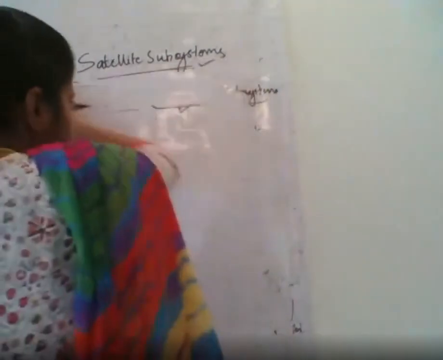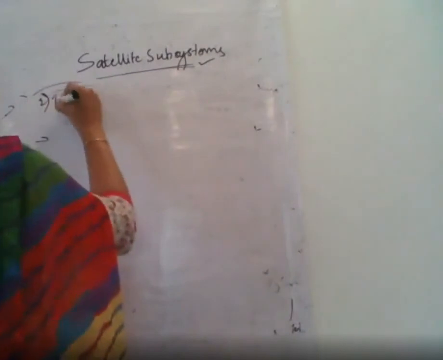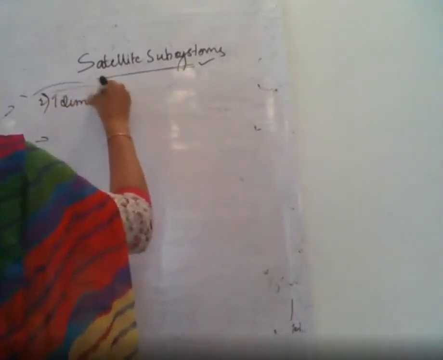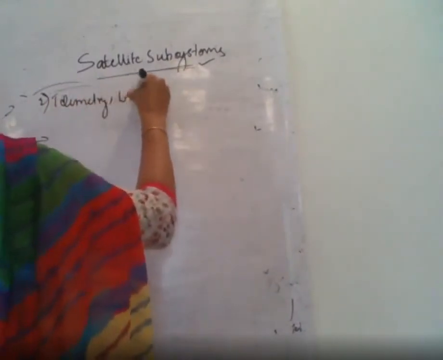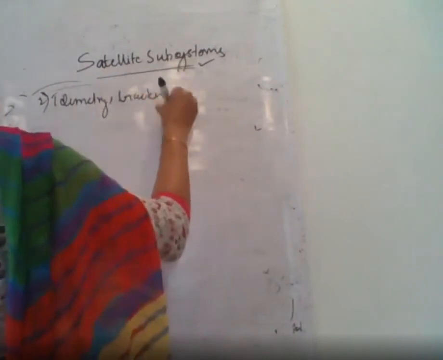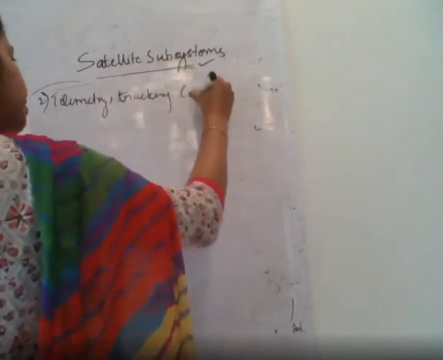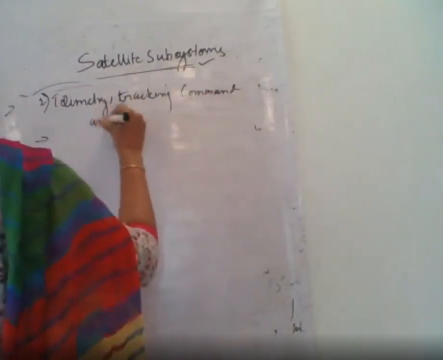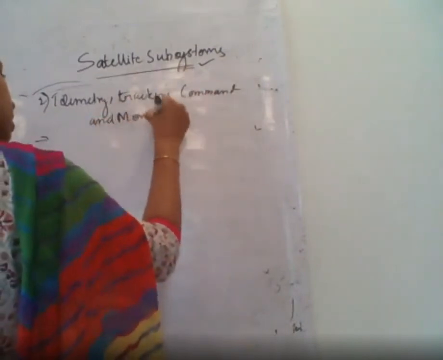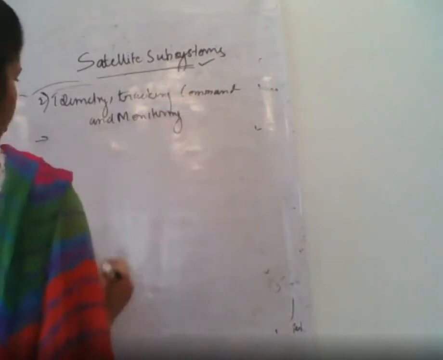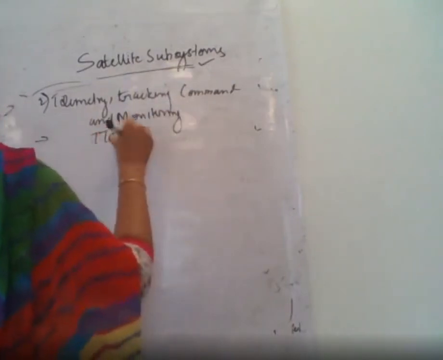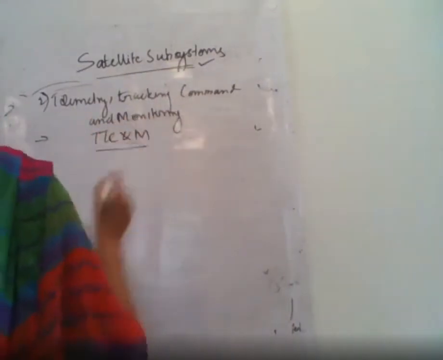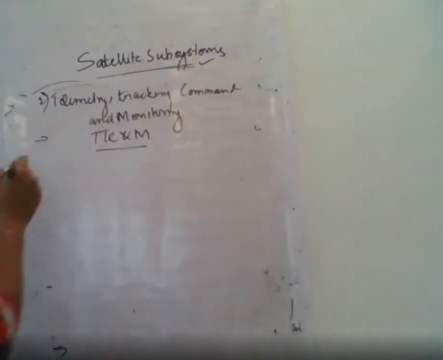Now we are going to discuss the second subsystem, that is telemetry, tracking, command and monitoring, also known as TTC&M.